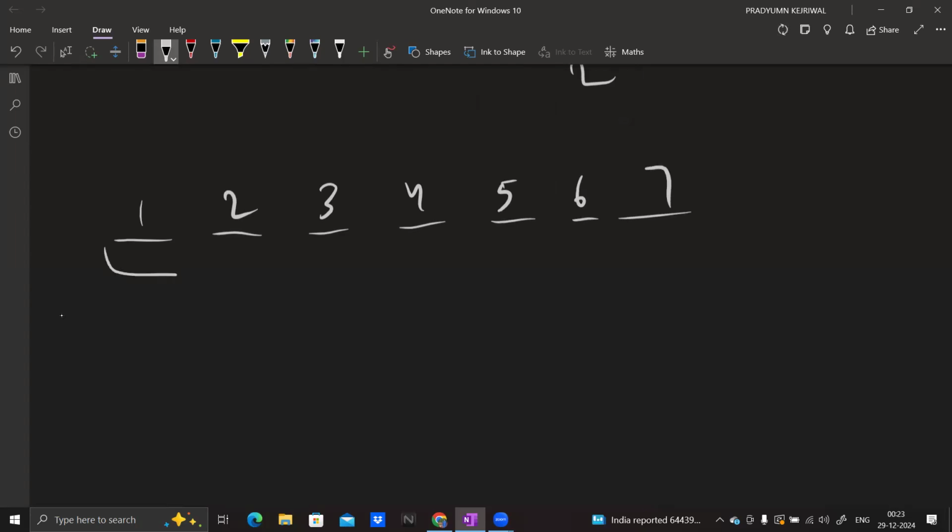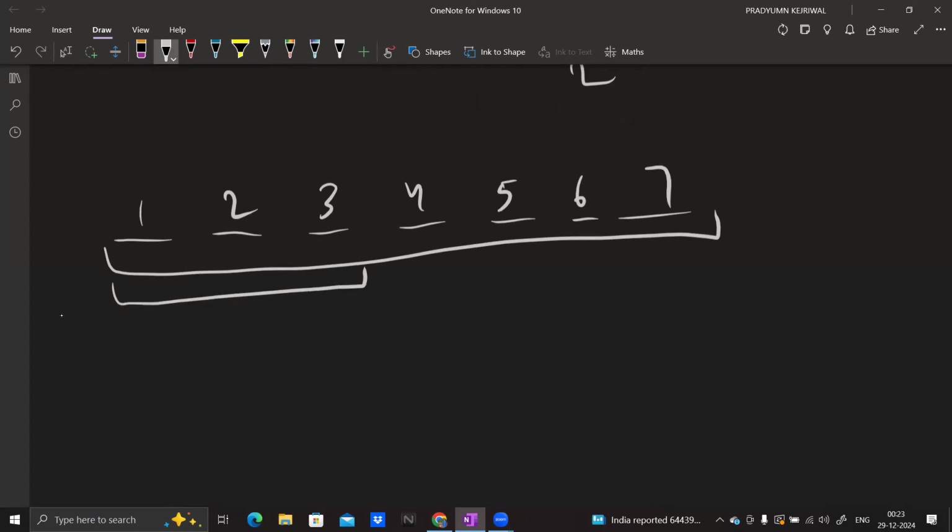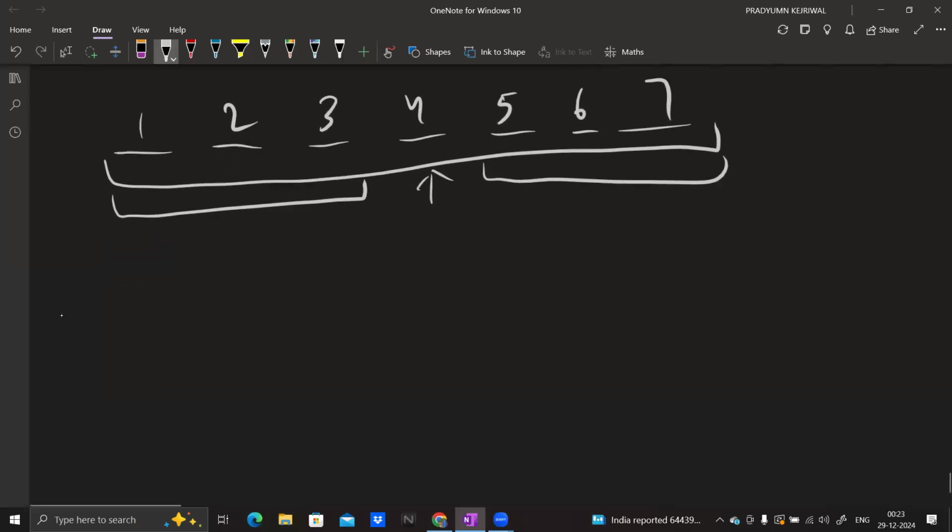First of all, the segment is this. Now she will break it into two parts, 1 to 3 and 5 to 7, and she'll add 4 into her answer because the length is odd. Now she'll break these two segments further down.